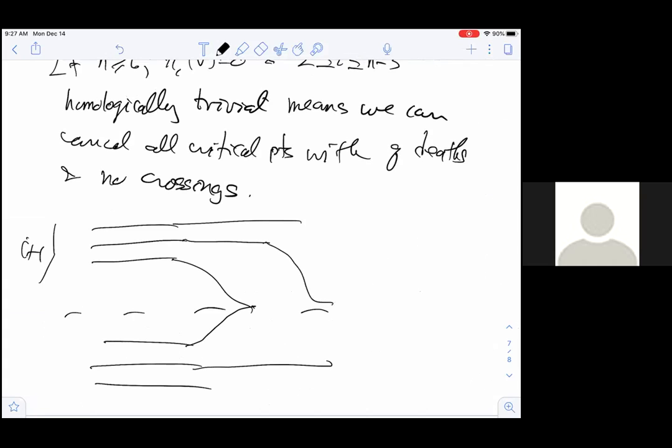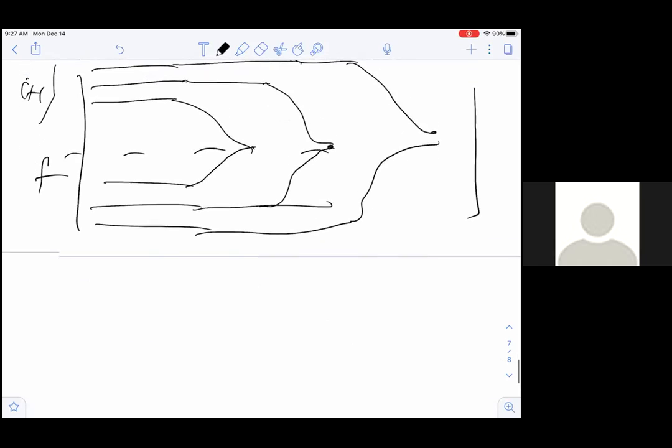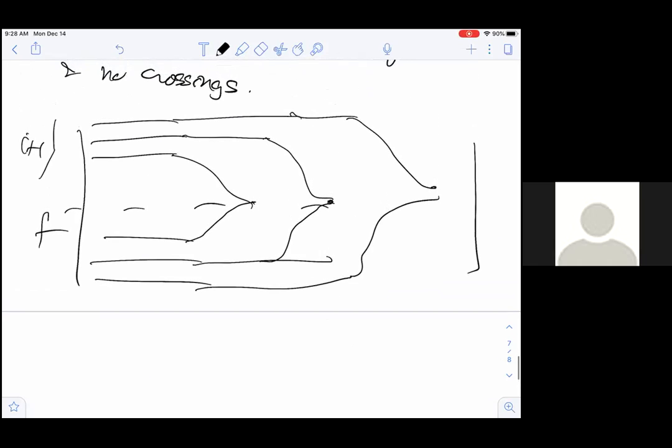So these two cancel each other, and then these two cancel each other. So no crossings, simply a nested collection of deaths gets me from the function f to a Morse function with no critical points. Okay. Conversely, the converse is clearly true too.